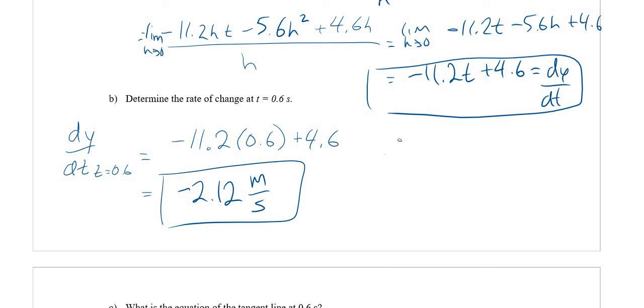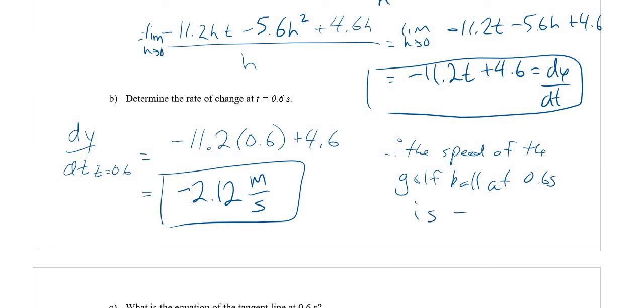So therefore, the speed of the golf ball at 0.6 seconds is negative 2.12 meters per second. So what that means is that the ball is traveling downwards at a rate of 2.12 meters per second at that point.